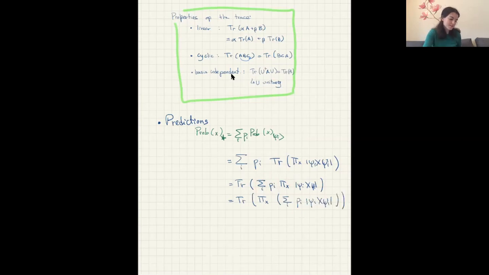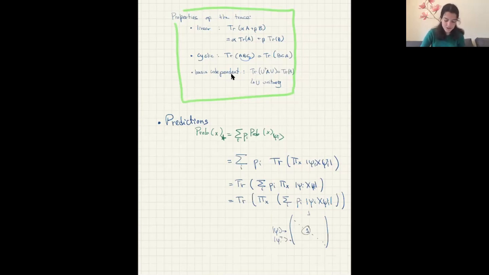Now, what kind of object is this? So this is a matrix, right? This is the matrix that has just a 1 here, if you write it in the basis where one state corresponds to psi I and all the others are orthogonal to psi I. Then it's a matrix like this.